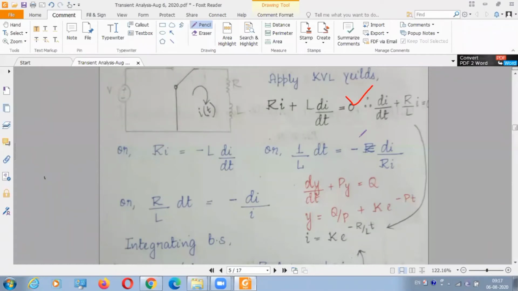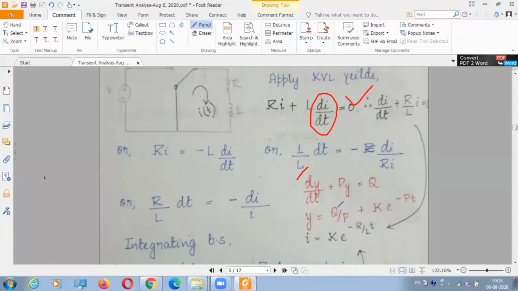You have learned differential equations, apply it. This is a first order differential equation, di by dt, d to the power 1. How can a first order differential equation be written? dy by dt plus py equal to q. So its solution is given by, you may remember this because it is always required, y equal to q by p plus k e to the power minus pt.